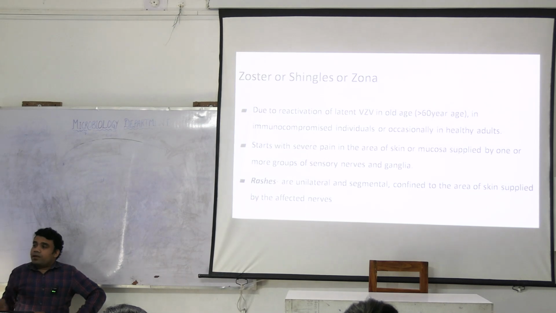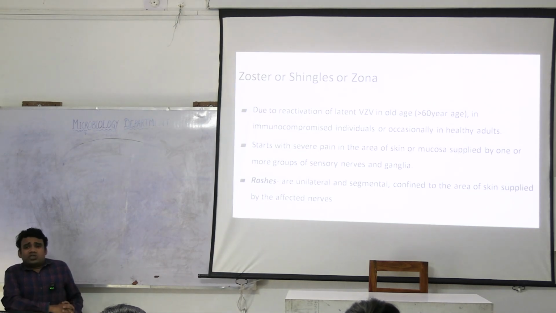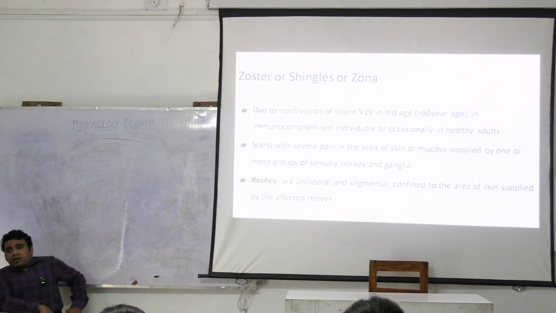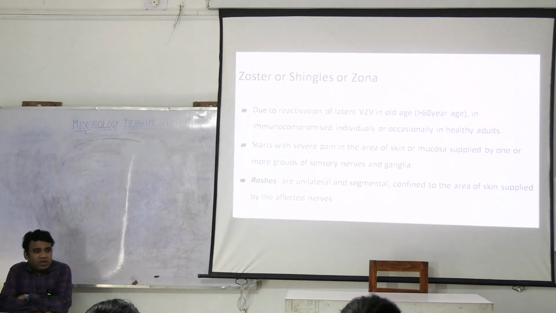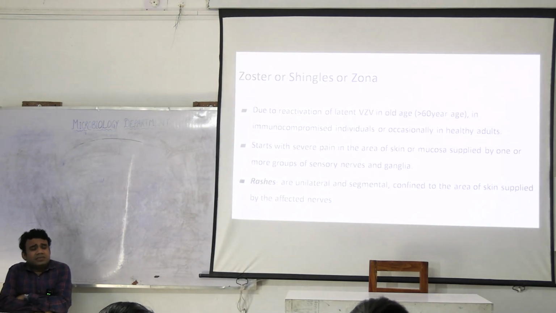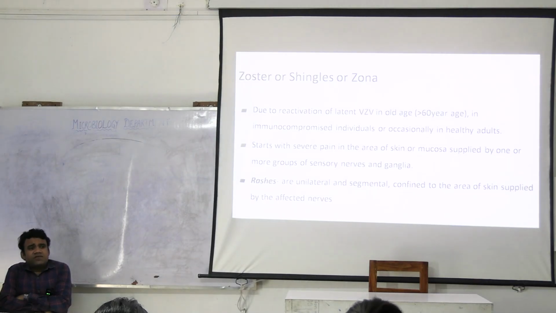Okay. Now let us look at what zoster, or herpes zoster, is. Zoster is the reactivation of the varicella virus. After the initial phase of infection and viremia, the virus lodges inside various ganglionic cells.